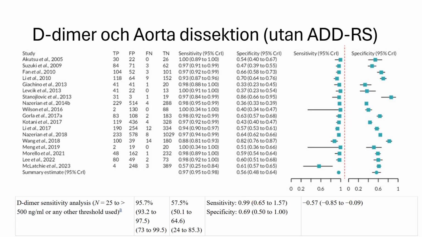This is from Ken Mellon, but I'm just saying there's been a lot of studies, and the sensitivity is 97%, and the specificity is 56%. That's without the ADDRS score, so it's quite a high sensitivity. So what we're hoping for, I guess, is to make this even more specific.